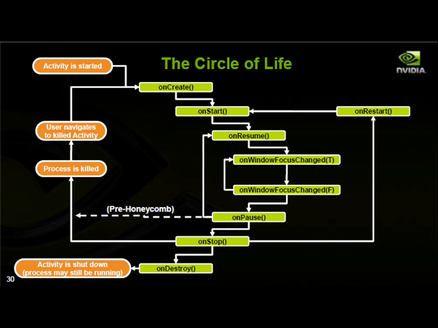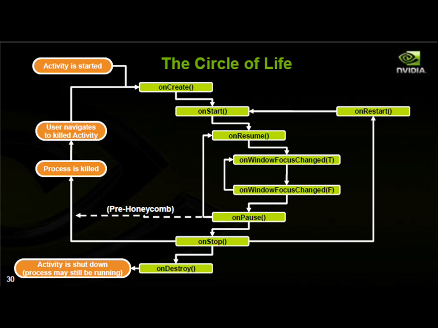So these are functions that are called. These are similar to Windows functions where you create a window. Here you create an activity, and then there's a function on start, and then you can pause, you can resume, and then you stop and you destroy the activity. It's like destroying the window. So it's similar to Windows messages, I guess you can call them. So these are the functions or methods that can be overridden: on create, on start.